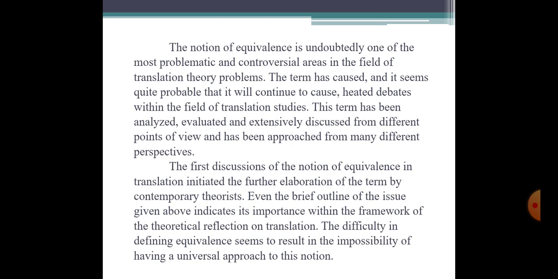The first discussions of the notion of equivalence in translation initiated the further elaboration of the term by contemporary theorists. Even the brief outline of the issue given above indicates its importance within the framework of the theoretical reflection on translation. The difficulty in defining equivalence seems to result in the impossibility of having a universal approach to this notion.